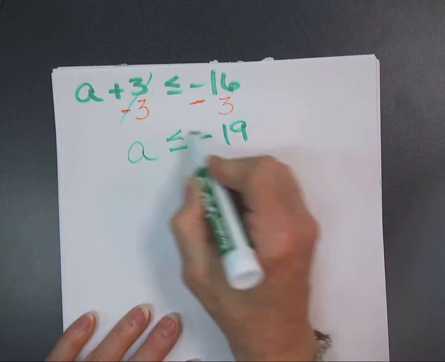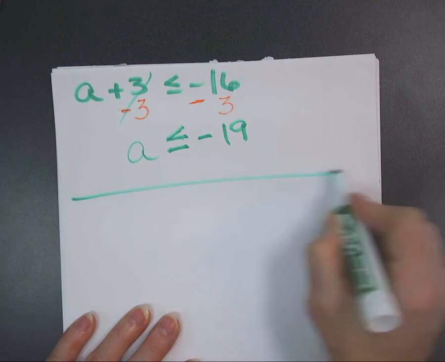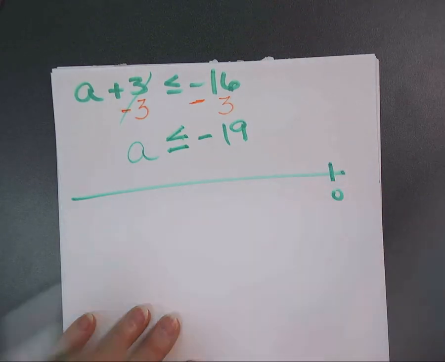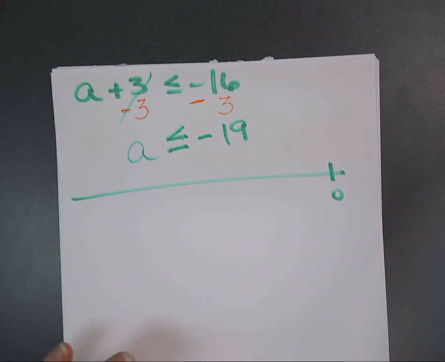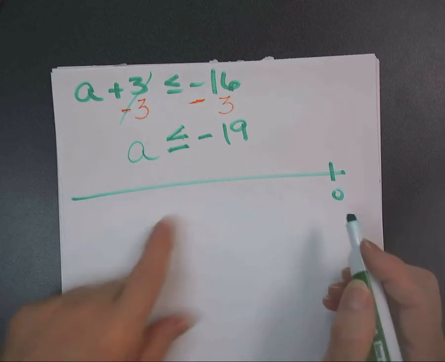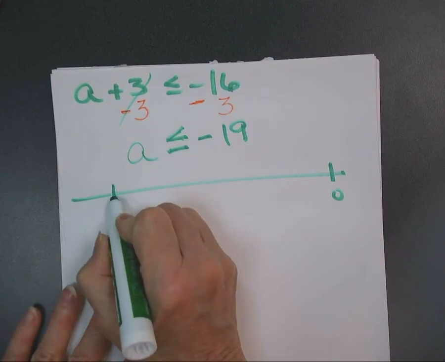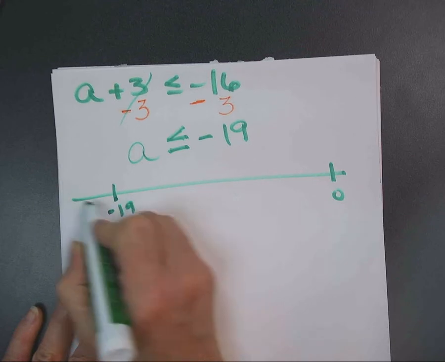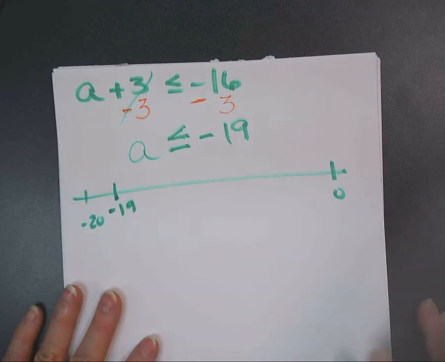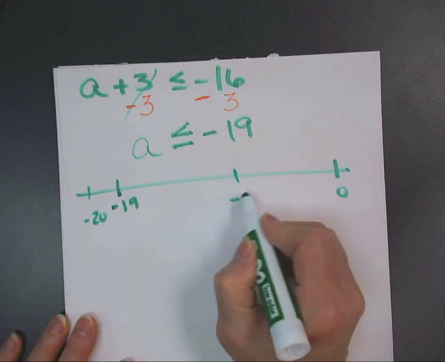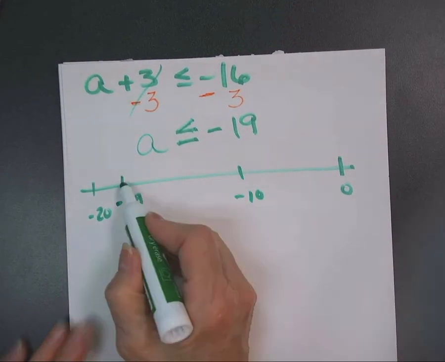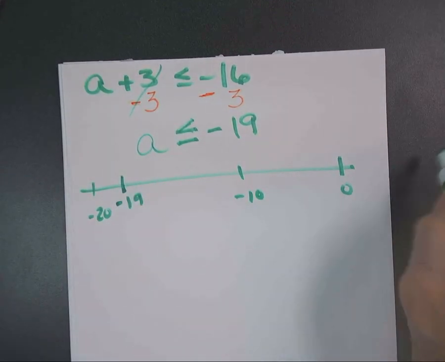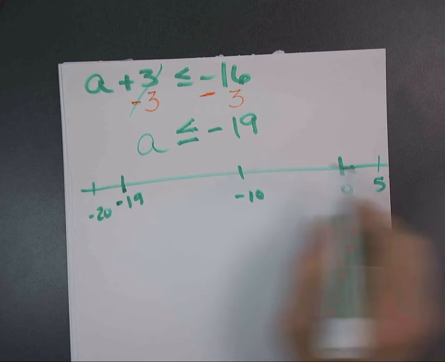Negative 19. And what's that going to look like on a graph? Don't we have to change it? Why? You subtract. Oh, never mind, I'm thinking of dividing. Only if you divide by a negative. Subtract, okay. Negative 19 will be somewhere over here, and the positives are somewhere over there, okay?